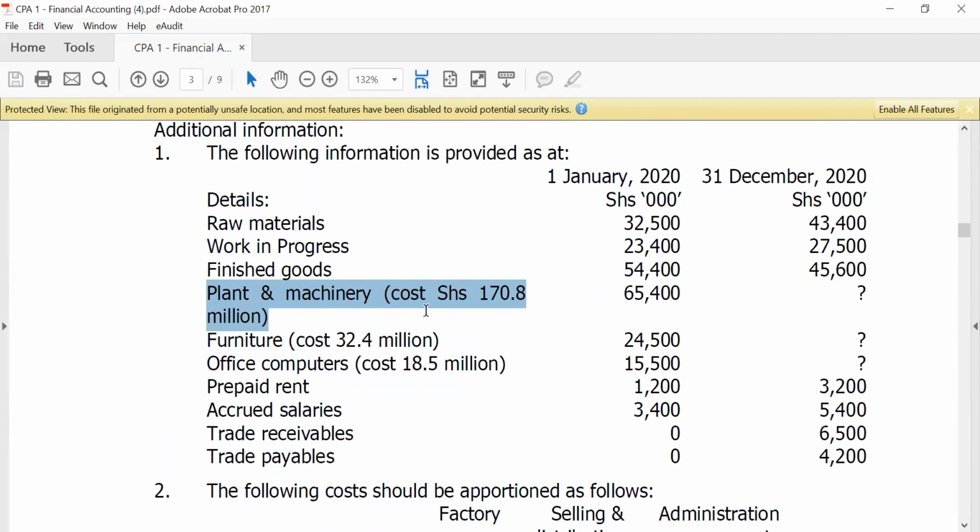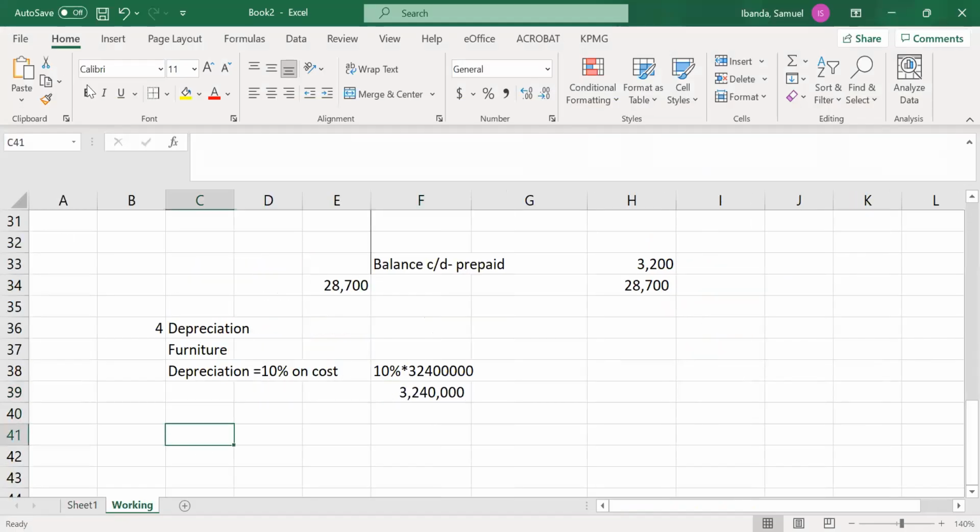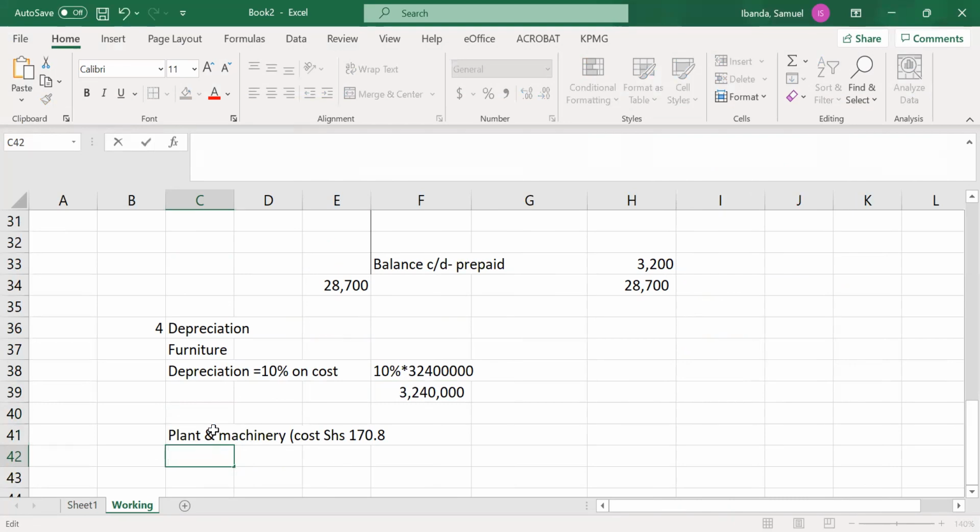This plant and machinery relates to the factory. The plant and machinery does not relate to any other entity other than the factory. So plant and machinery, I will also depreciate it, and the depreciation, I'll take it in totality and record it under the factory. So plant and machinery, what I'll do basically here, I also come here under working here. So we have plant and machinery.